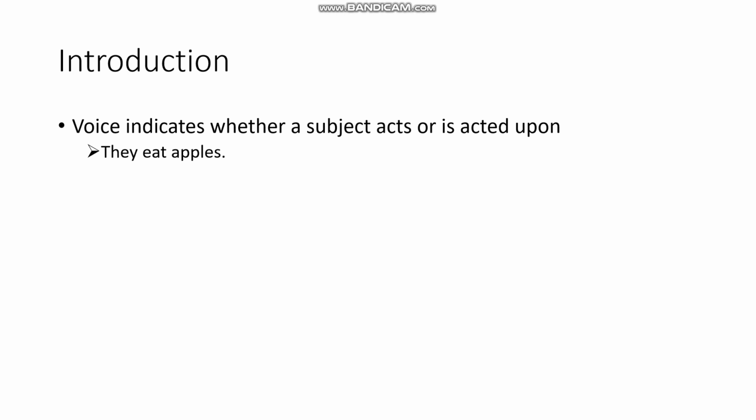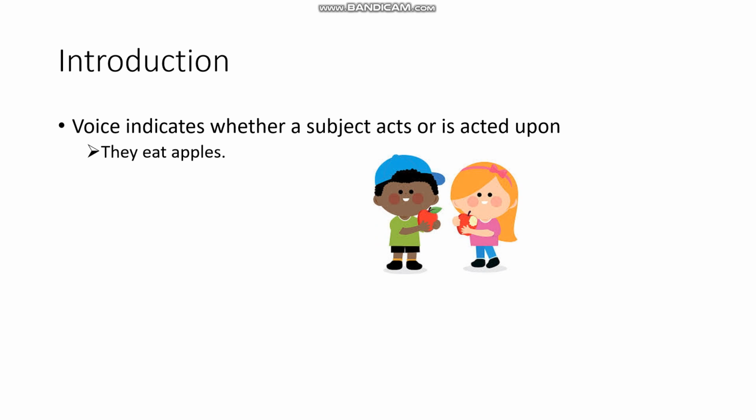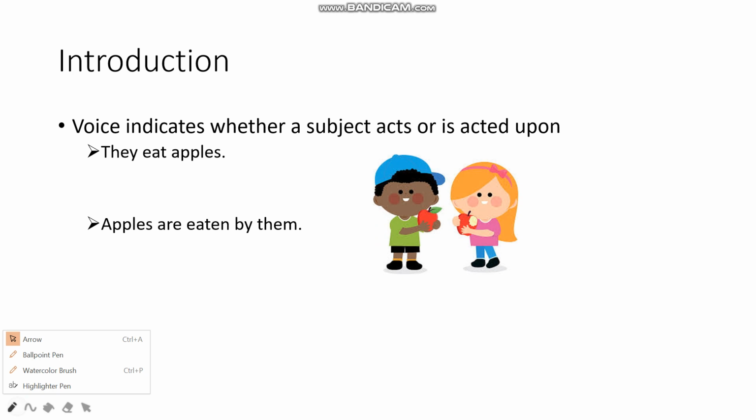For example, look at the sentence, they eat apples. They here is the subject and apples becomes the object. Eat is the verb. So they is doing the action. Who is doing the action? It is they. And what is the action? It is eat.